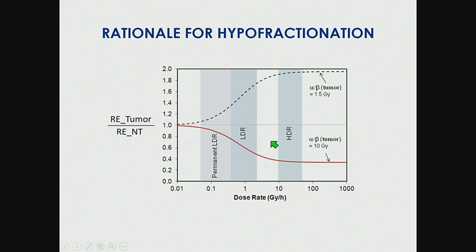So the fact that the alpha beta ratio for prostate may be low, or may be lower than the surrounding normal tissue, is one of the main rationales driving the current move towards hyperfractionation or extreme hyperfractionation in HDR brachytherapy.